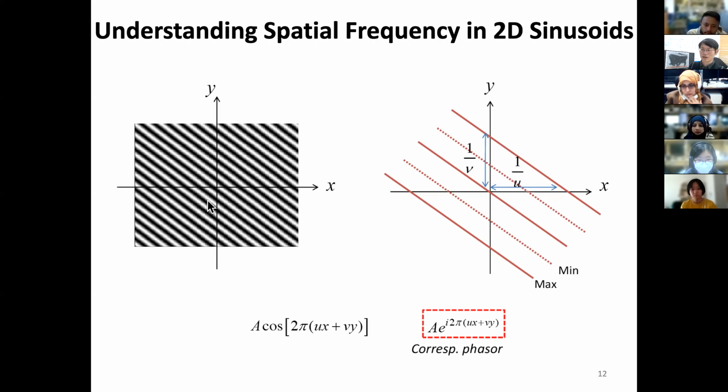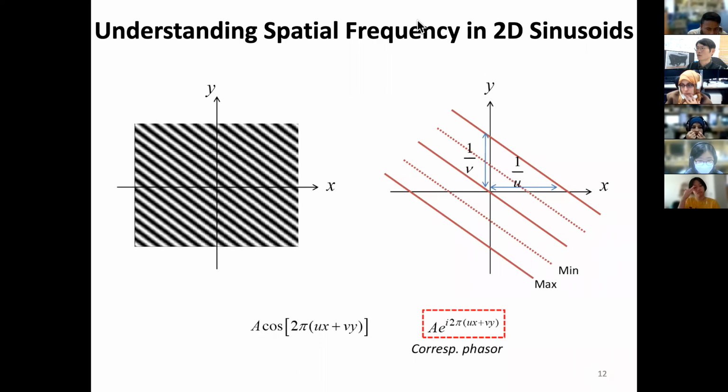You can consider this as a real-space description, but you can put an i sine with the same argument and create a complex phasor form: A times e to the i 2 pi (ux plus vy).